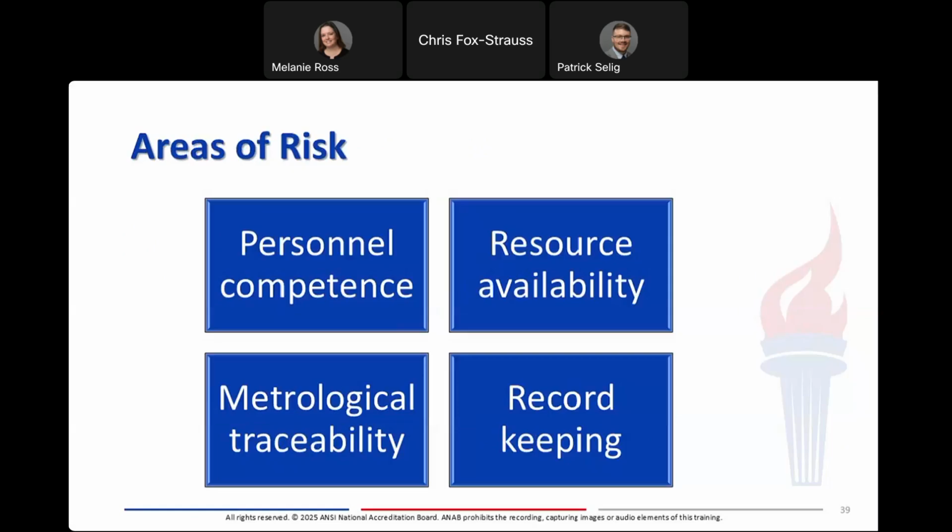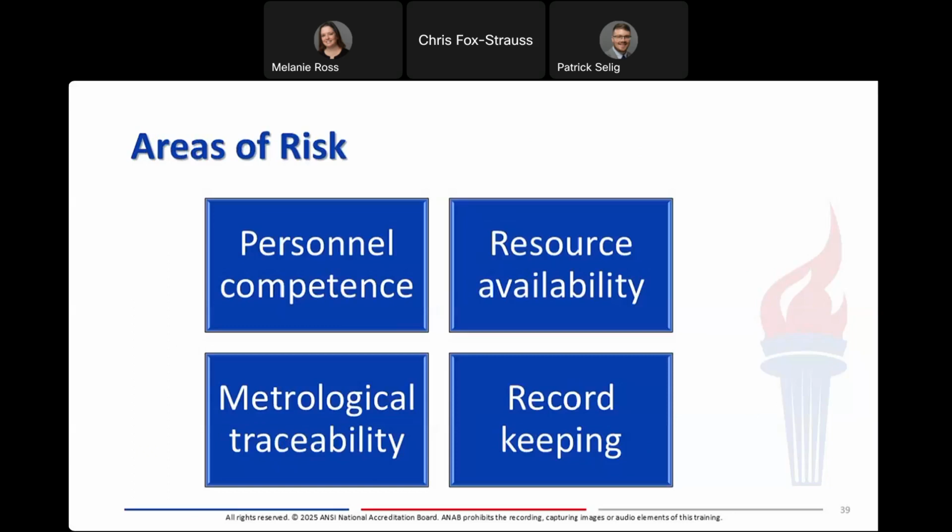Now we'll move into the areas of risk for organizations considering bringing calibrations in-house. Most of these have already been mentioned previously. We have to consider personnel competence and the availability of personnel to perform calibrations.